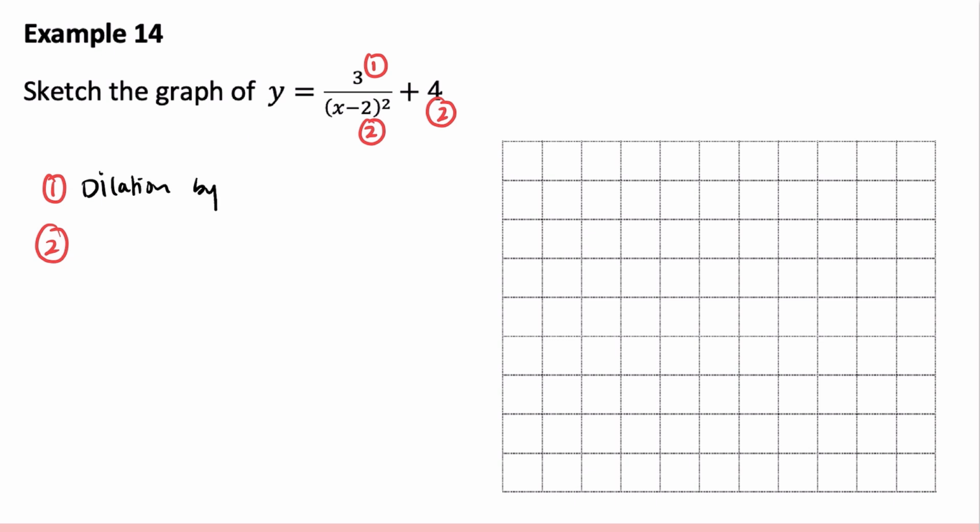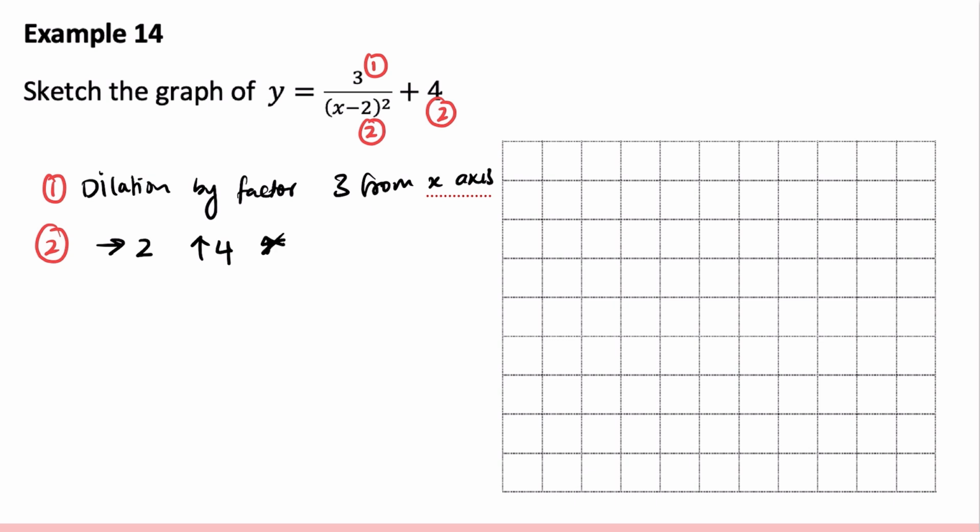Dilation by factor 3 from the x-axis. All that does is it multiplies every y value by 3. We can't really see it too much when we actually draw it because it's all about the zoom. So the way that we generally show it is by showing a point. And then we're going to go 2 to the right and 4 up.